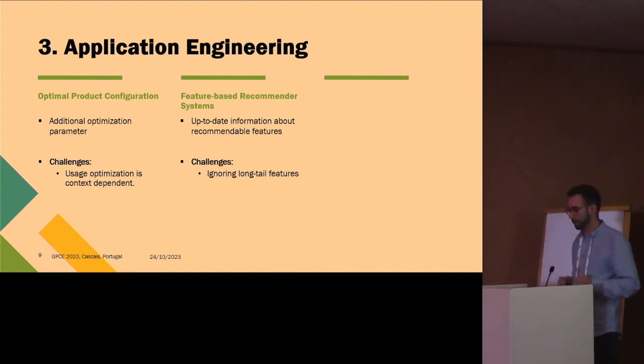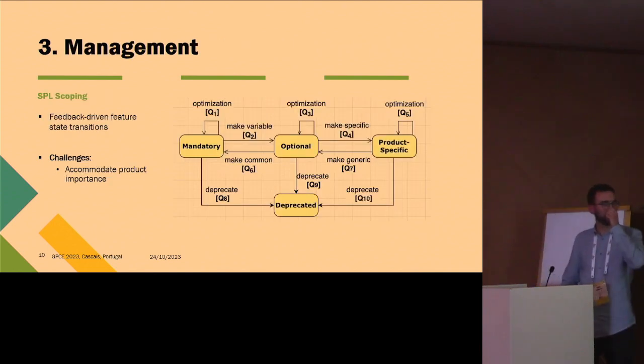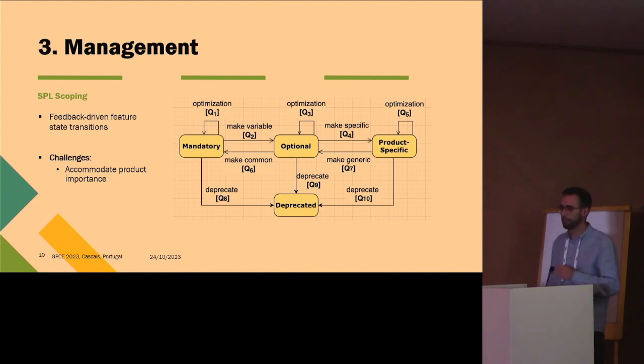customize the recommendations. And finally, in the area of management, we identified scoping as a potential candidate for being improved by implicit feedback. So scoping is a quite broad activity during product engineering. It is defining the boundaries of the whole platform, but here we focused on the scoping of features.